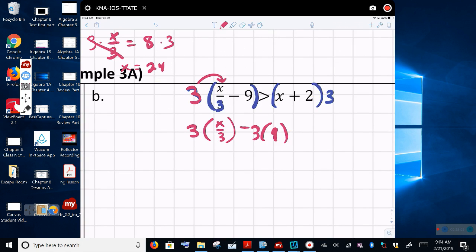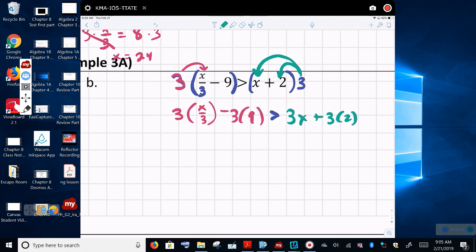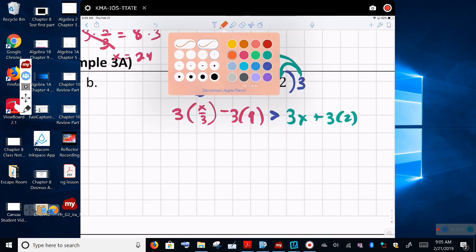And then I would have a greater than sign. And then I would be distributing this 3 to the x and this 3 to the 2, so that would be 3 times x and 3 times 2. Some of this you probably could just do, instead of saying 3 times 2, you might just put 6. But I'll just put in a few extra steps just for the practice problem here.